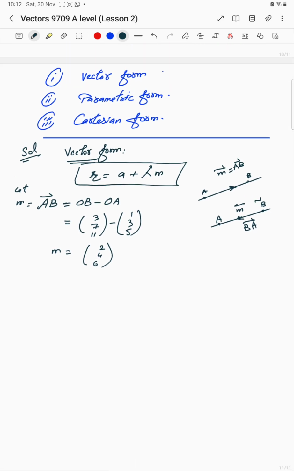Now we need a point. M we have calculated. What is A? Here is the point I'm going to write as a note that needs to be considered.